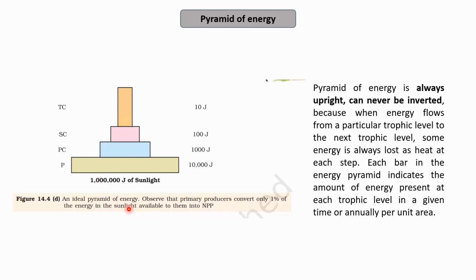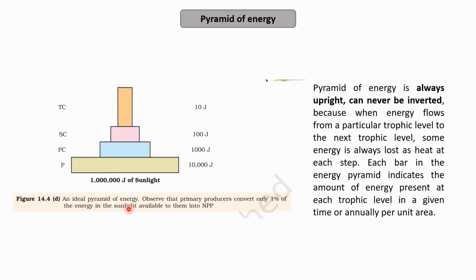Also, we know about the 10% law, the law of heat transfer, where the amount of energy that gets transferred from the organisms at the primary trophic level to the organisms at the secondary trophic level is 10% of the previous level. Therefore, the pyramid of energy is always upright and can never be inverted, as the amount of energy is always decreasing as we move from one step to another.